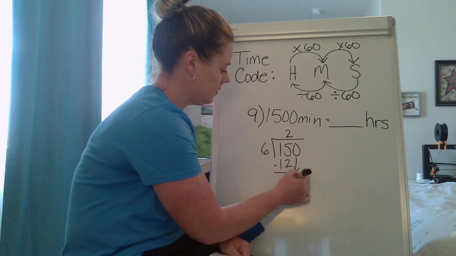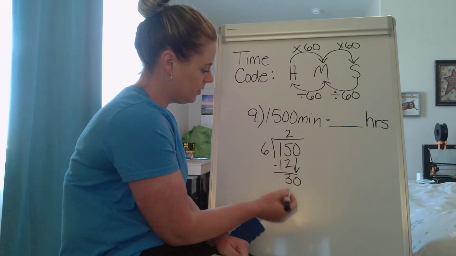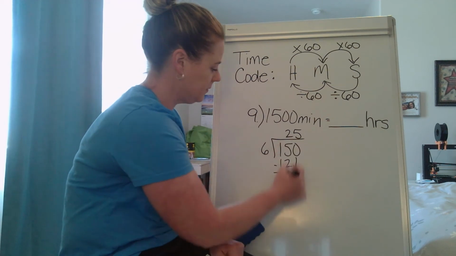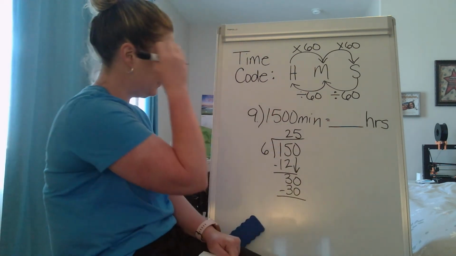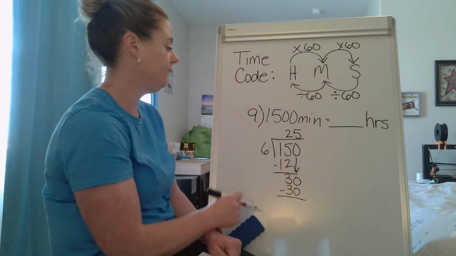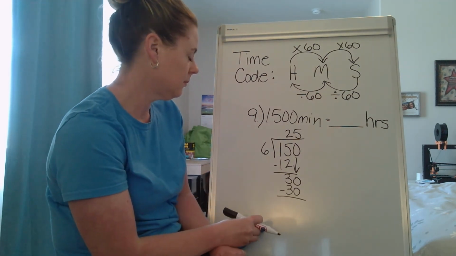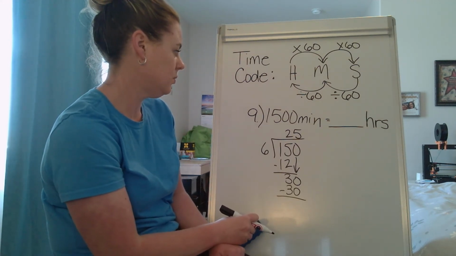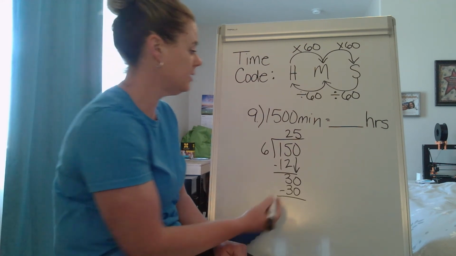Bring down the 0. How many times does 6 go into 30? 5. 6 times 5 is 30. So that would be 25. But remember, let's see, is that right? Yep. So 25.